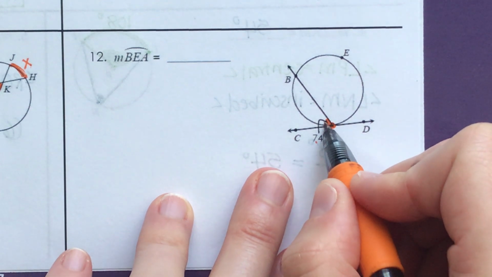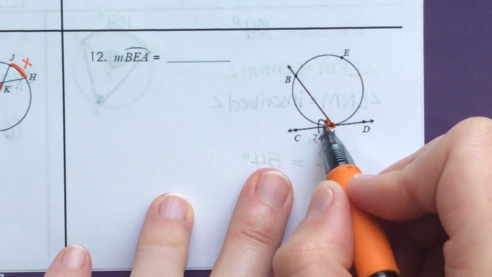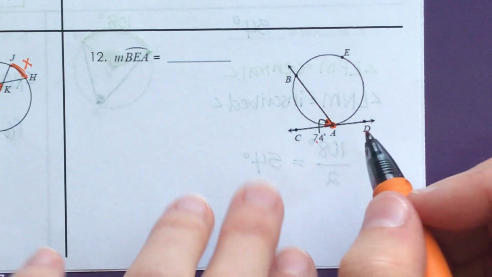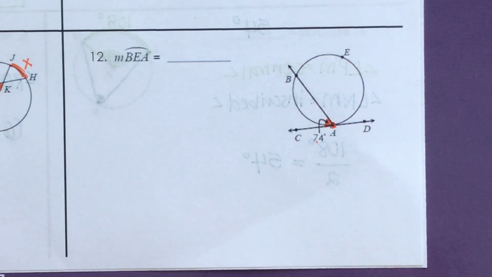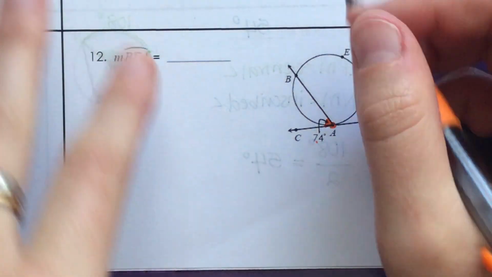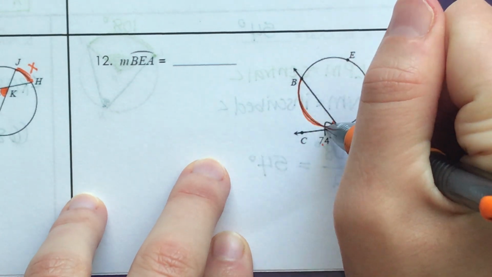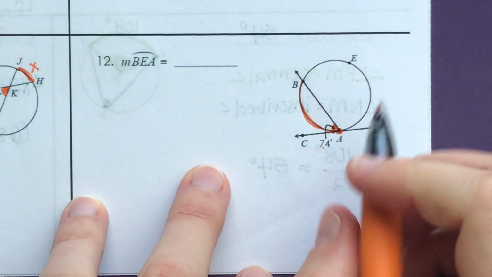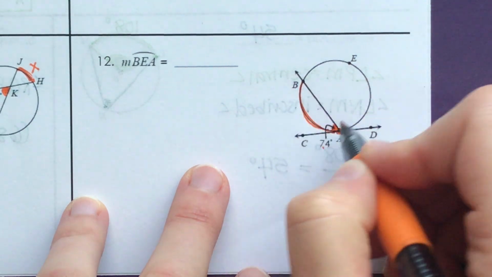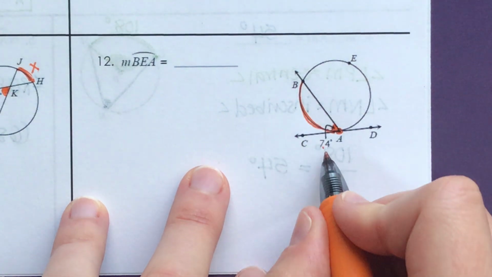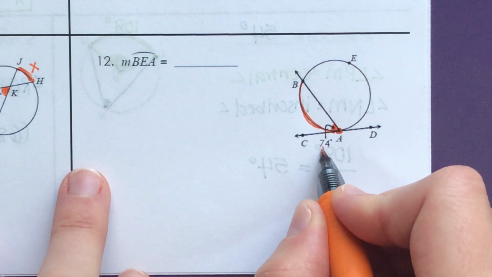Now, this arc, I've got a couple different ways that I can go about it. To figure out this angle right here, this would be considered an intercepted arc.